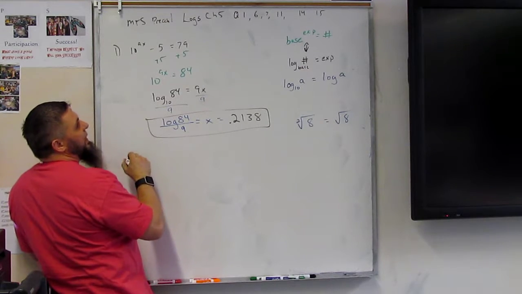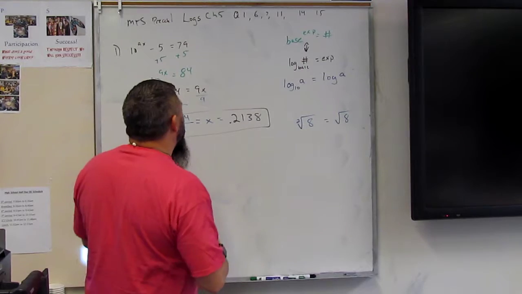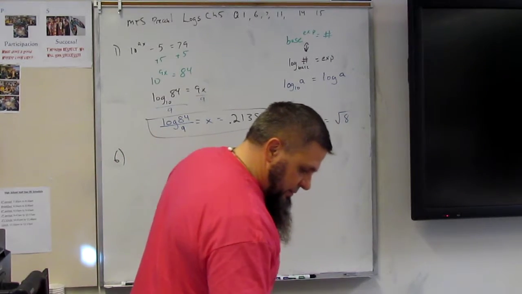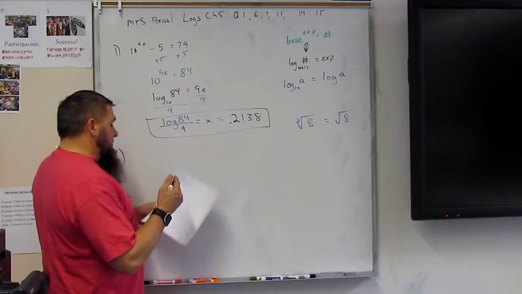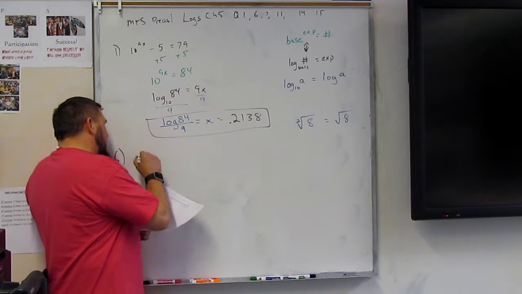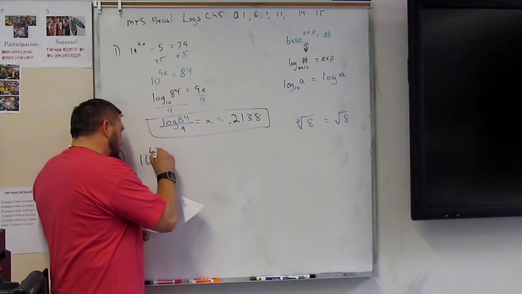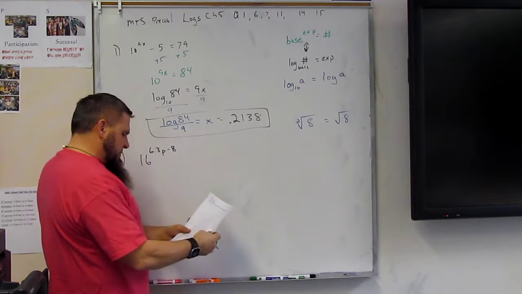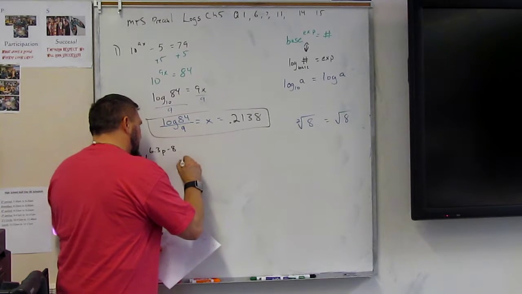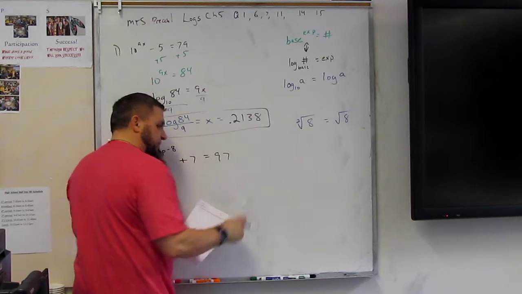Okay, so number 6 is something very similar, but it's base 16 to the 6.3p minus 8, plus 7, equals 97.